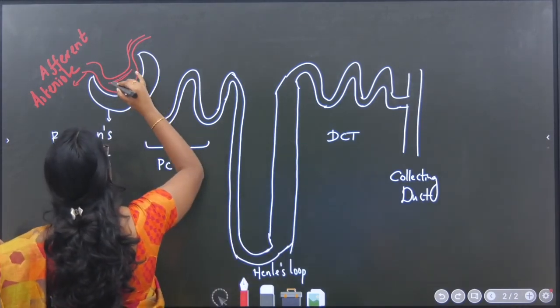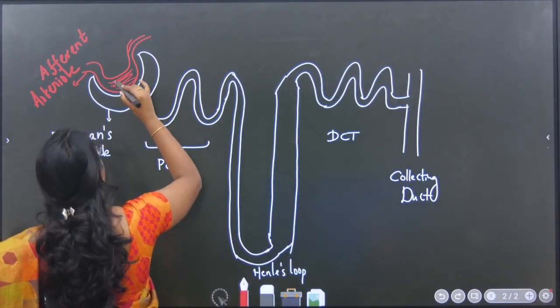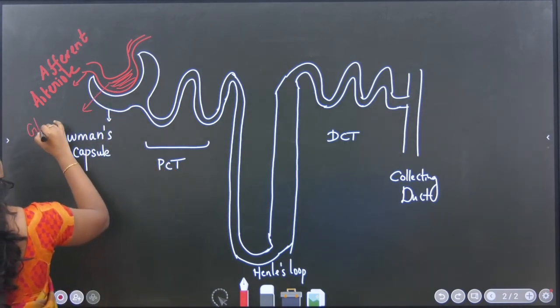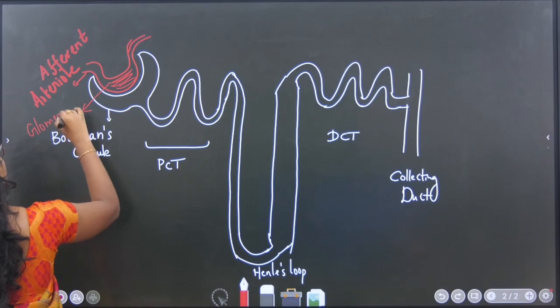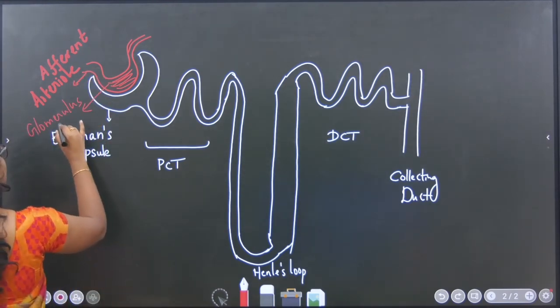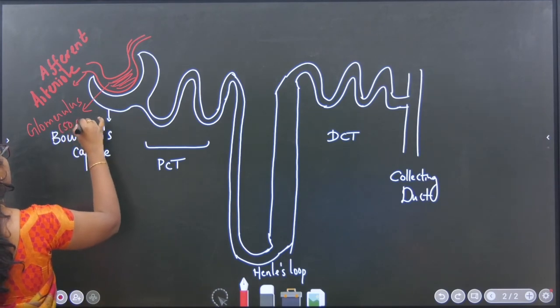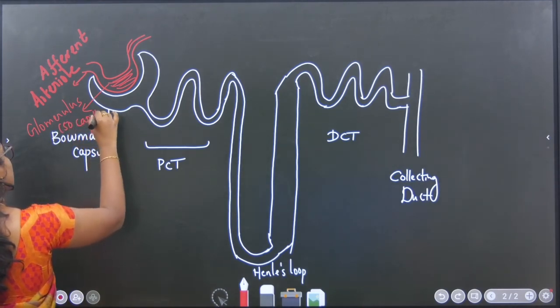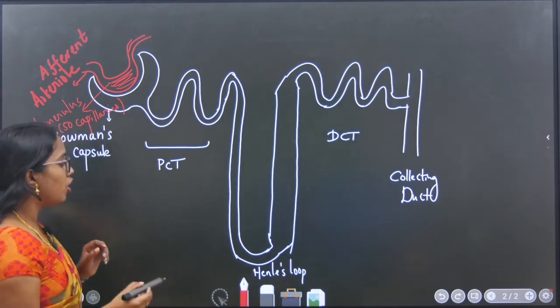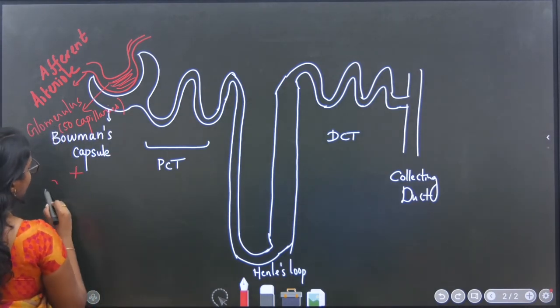we will have capillaries, the blood capillaries. This capillary part is called glomerulus. What is this part called? Glomerulus. So, it will contain minimum 50 capillaries, and that part is called glomerulus.